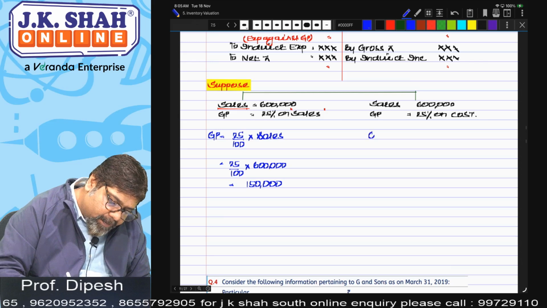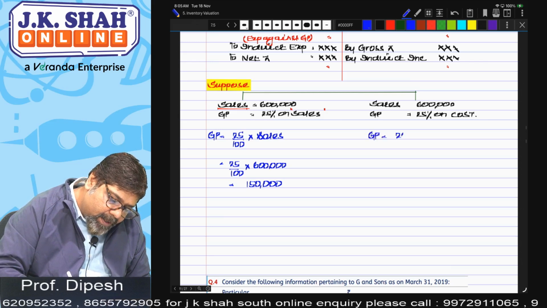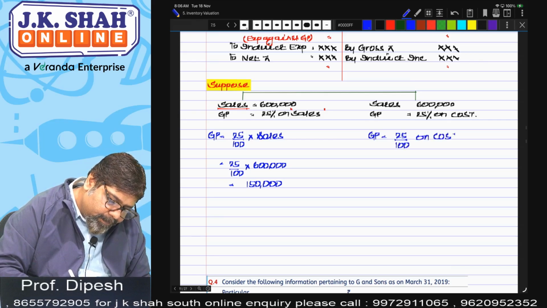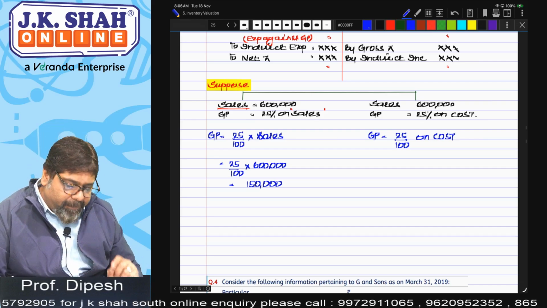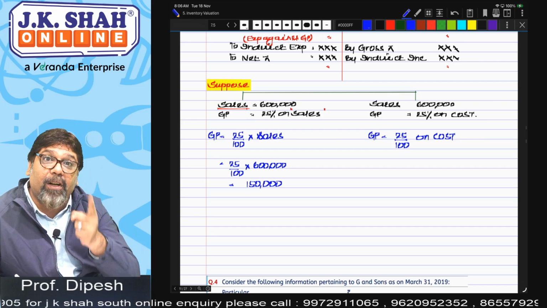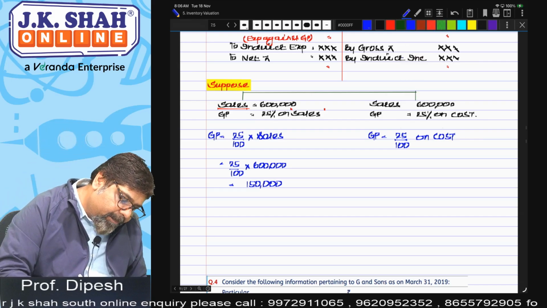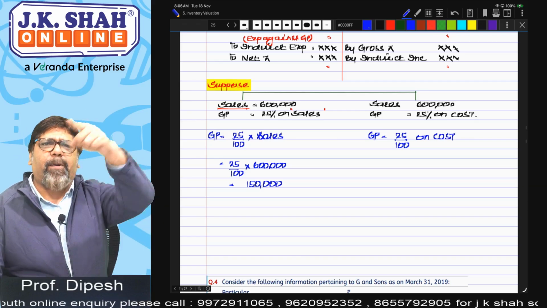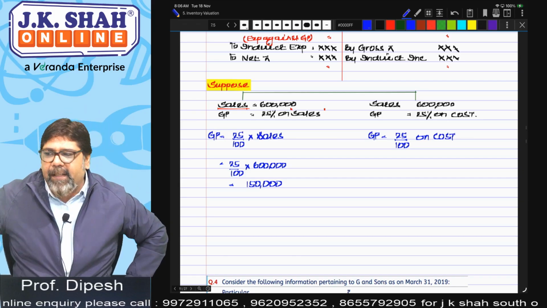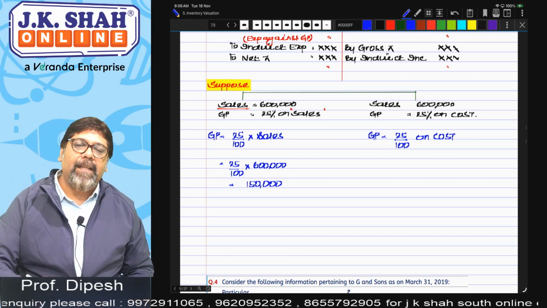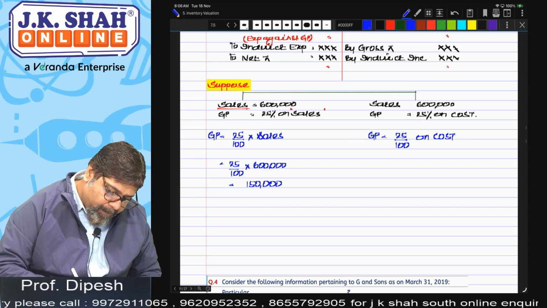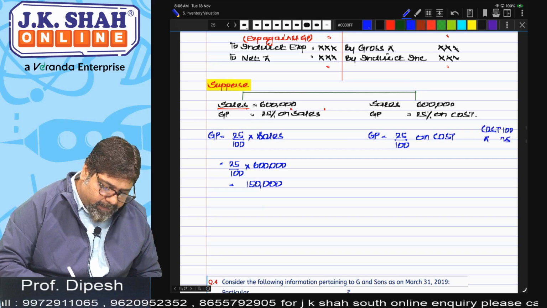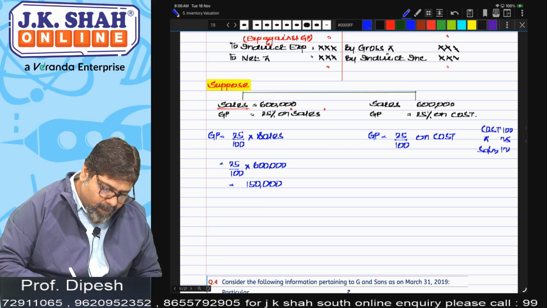Sales is 6 lakhs, GP is 25% on cost. GP is 25 by 100 on cost. That means if cost is 100, profit is 25. Then sales is how much? 125. So cost 100, profit 25, sales 125. Yes or no?